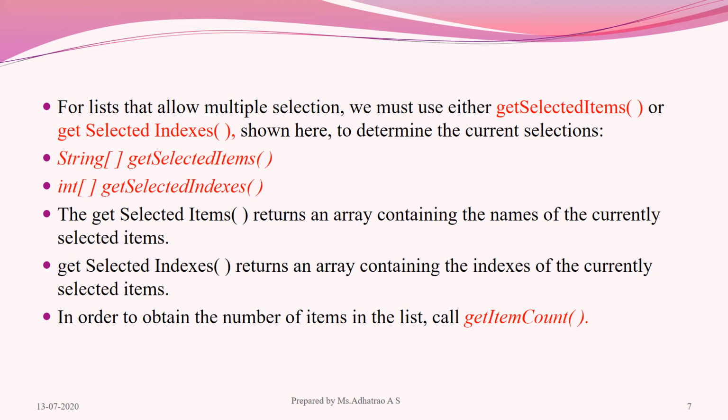The getSelectedItems returns an array containing the names of the currently selected items, whereas getSelectedIndexes returns an array containing the indexes of the currently selected items. In order to obtain the number of items in the list, call the getItemCount method.